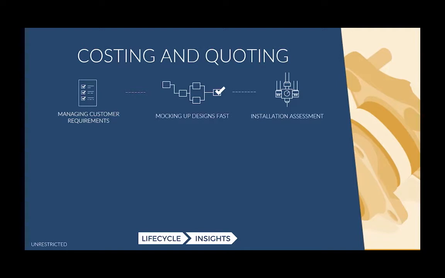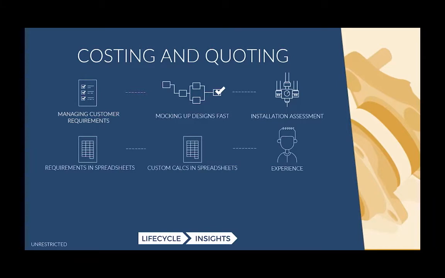Again, not do all the detailed design work, but be able to mock up very quickly what the design solution looks like. And then finally, you need to be able to assess, okay, how is this going to be installed? You need to have some insight into what's involved there: the difficulty, the length of time, because of course there are costs associated with that as well.